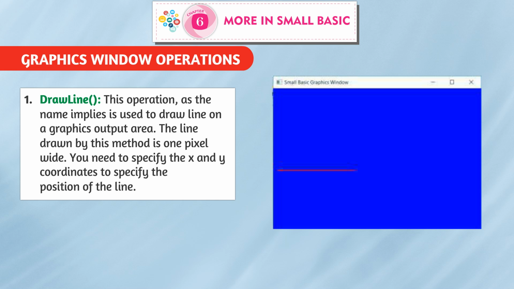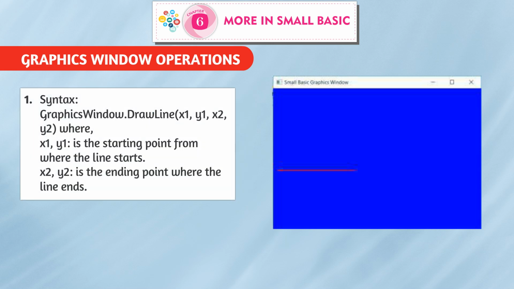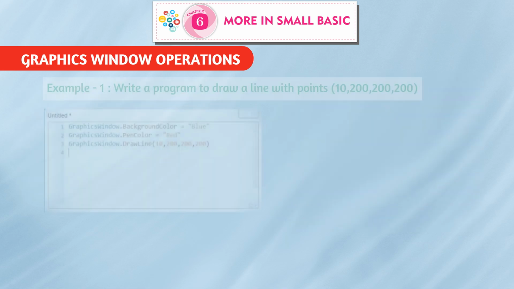You need to specify the x and y coordinates to specify the position of the line. Syntax: graphicswindow.DrawLine(x1, y1, x2, y2), where x1, y1 is the starting point from where the line starts, and x2, y2 is the ending point where the line ends.